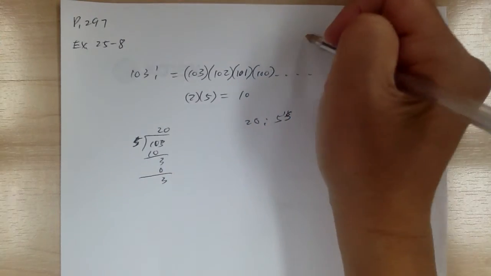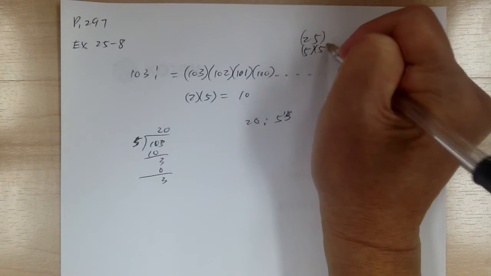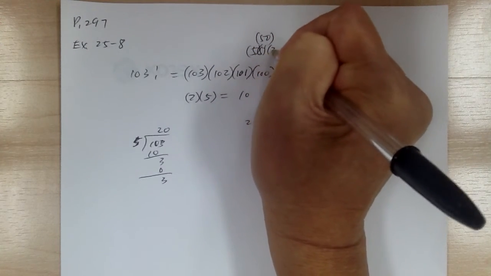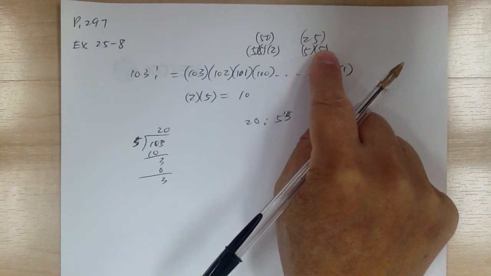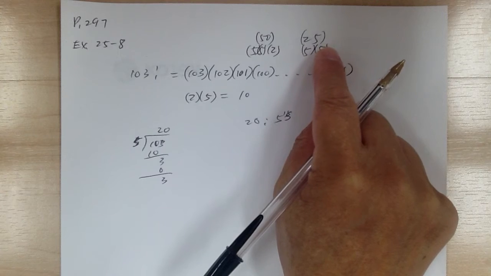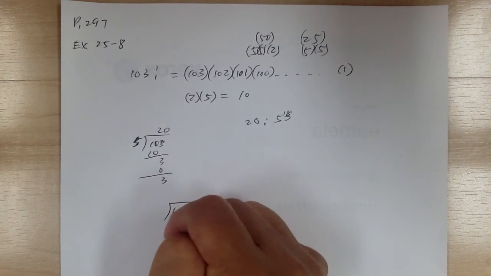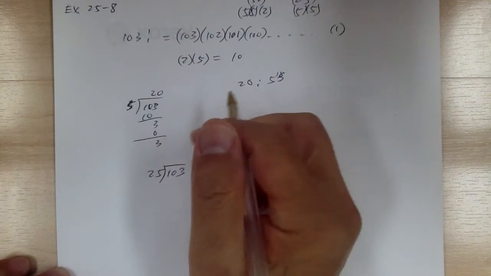But notice that 25 is equal to 5 times 5, and 50 is 5 times 5 times 2. So for any multiple of 25, there will be additional 5s. So let's divide by 25 to find out how many extra 5s we have.